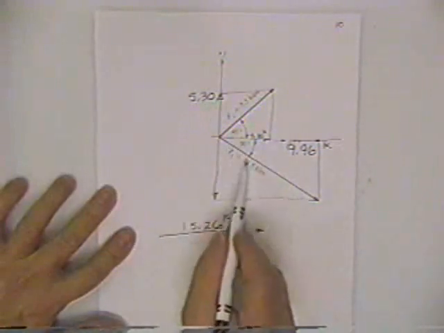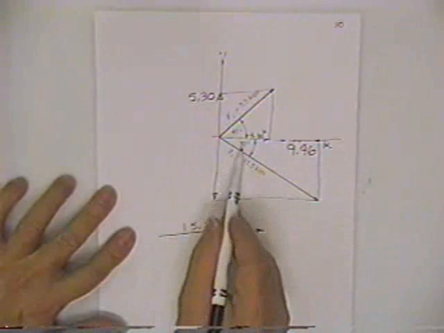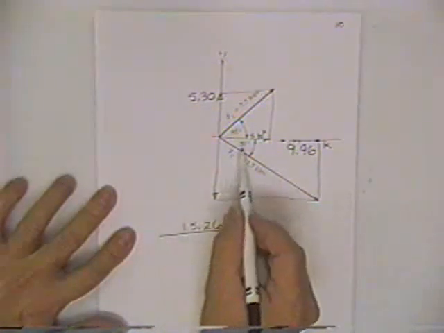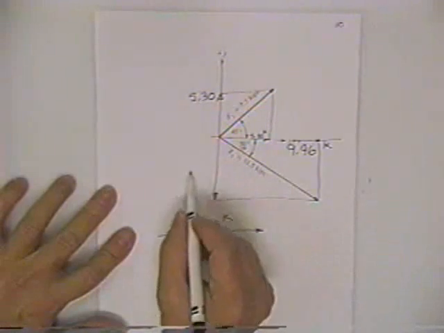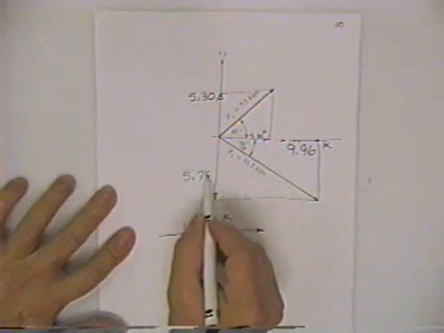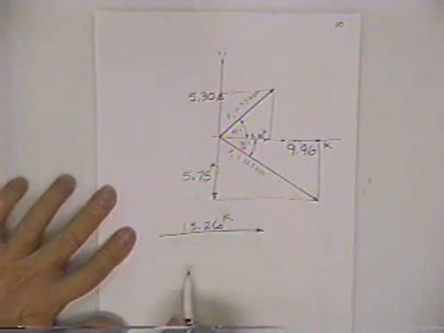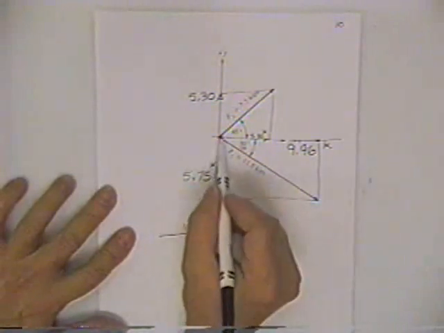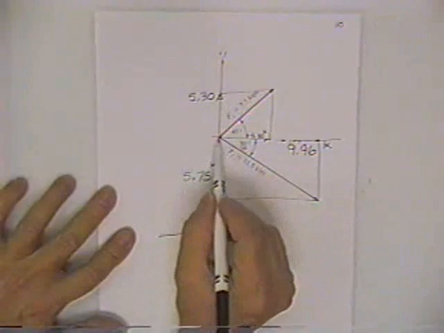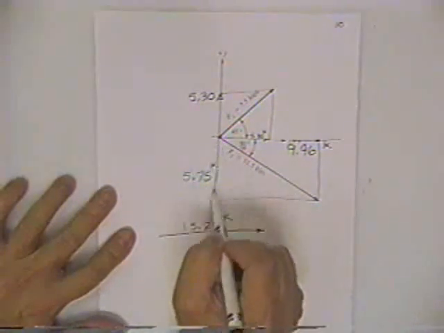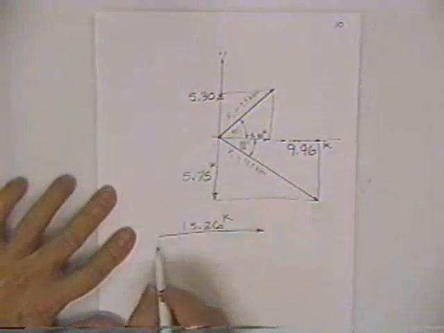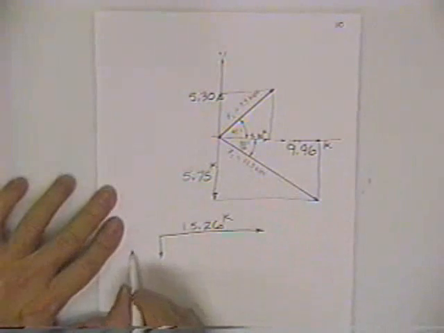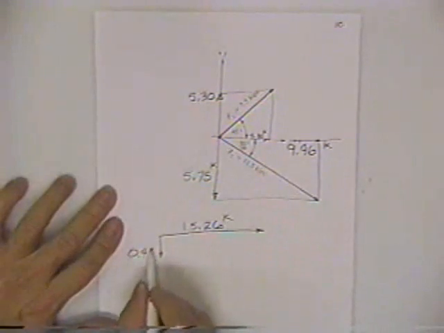If you multiply 11.5 times the cosine of 60 degrees, this being 30 degrees here, then you get 5.75 kips. So 5.30 kips pointing down, 5.75 kips acting up, gives you a total, the difference of the two, 0.45.